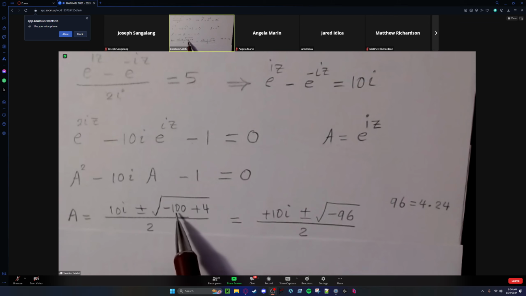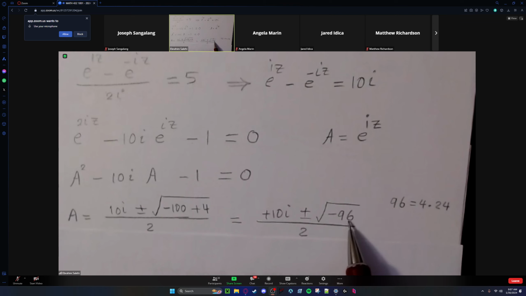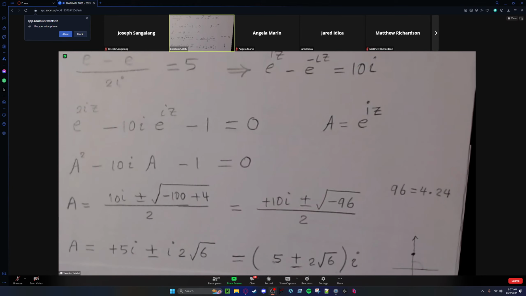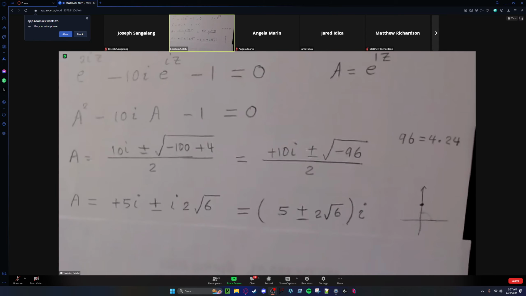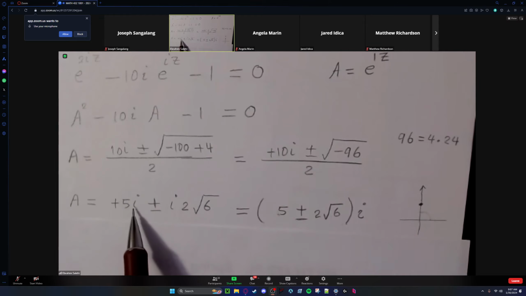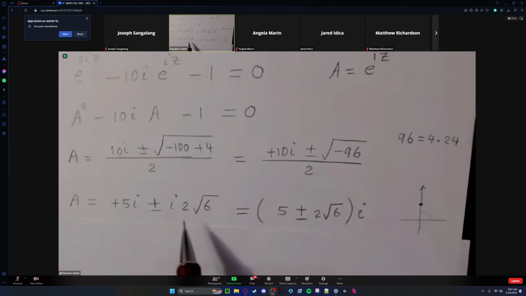And here is negative 96, and negative 96 is i square root of 96. And 96 is there, so 2 comes out. You simplify. This is what we get. So a is 5i plus or minus 2 square root of 6.